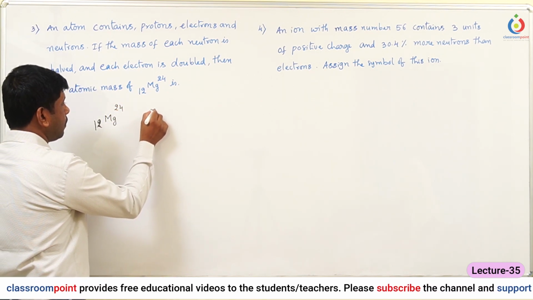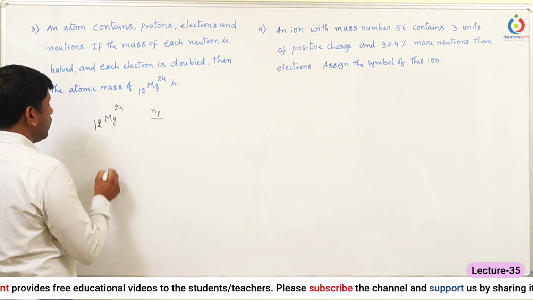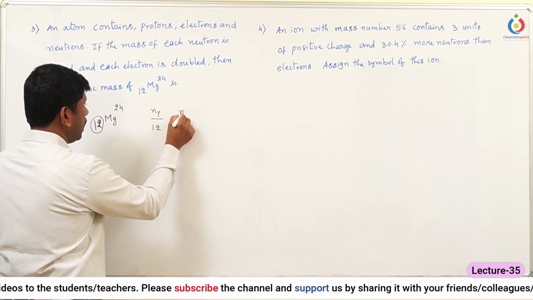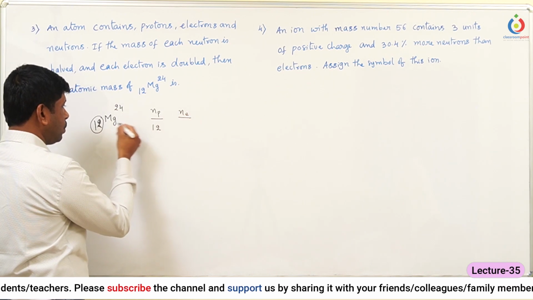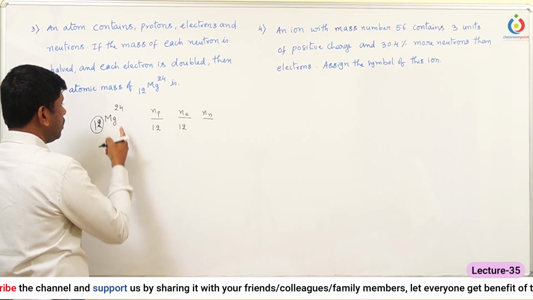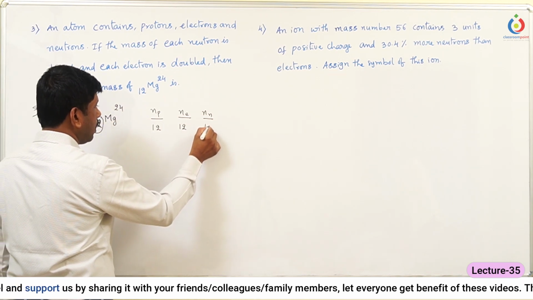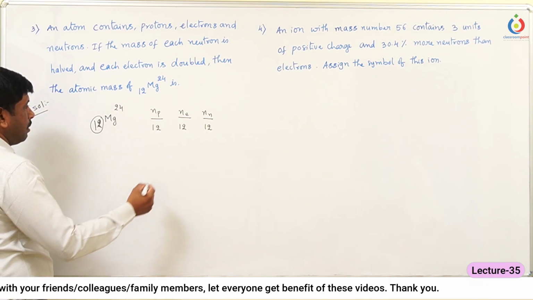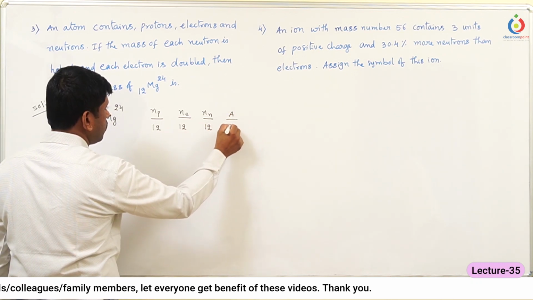Let's write down the number of protons here. Number of protons equals the atomic number, that is 12, and number of electrons also 12 since it is a neutral atom, and number of neutrons, 24 minus 12, also equals 12.